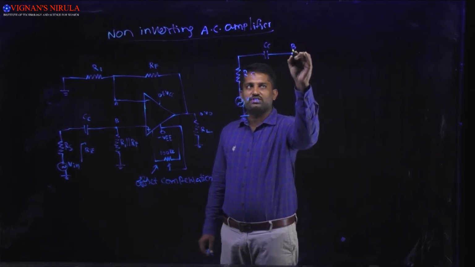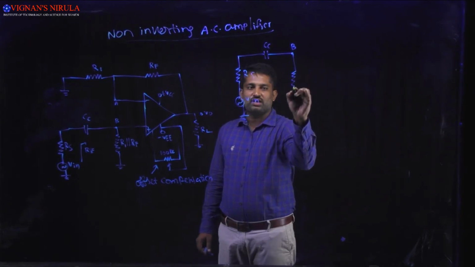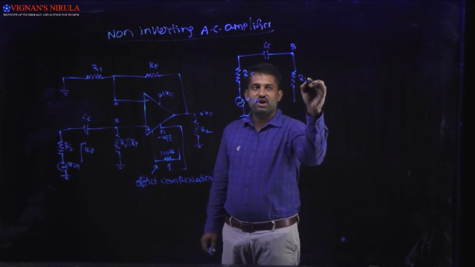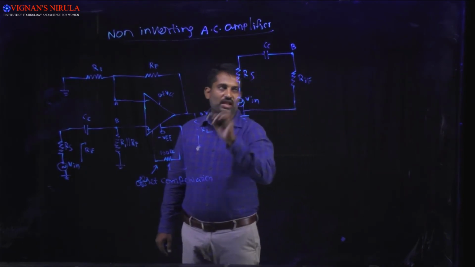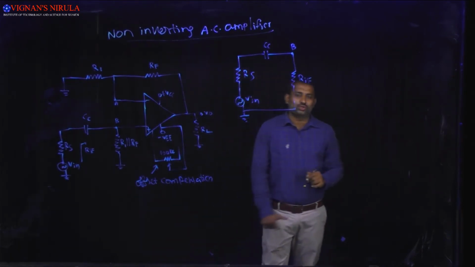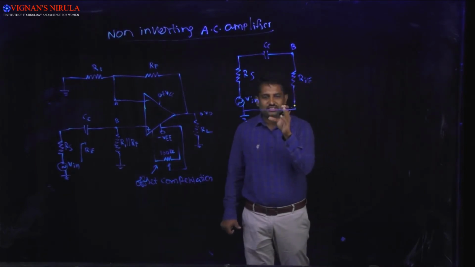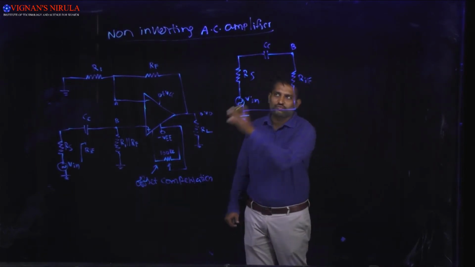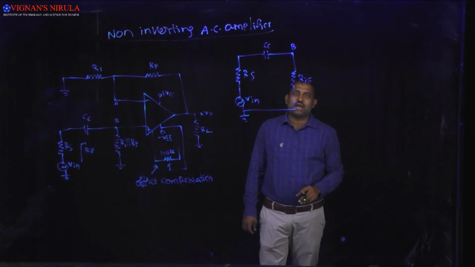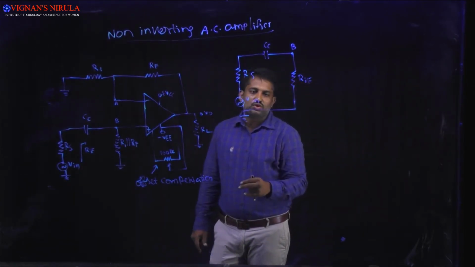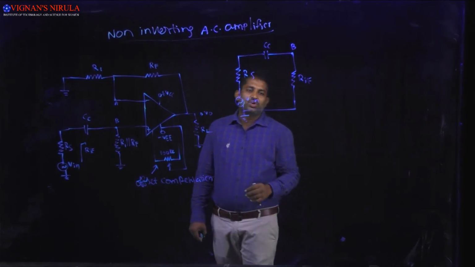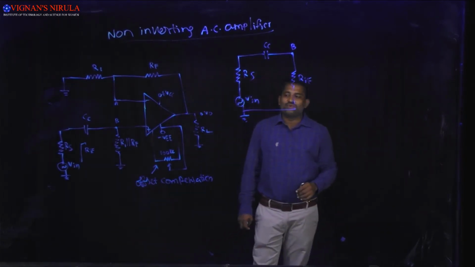Here it is B, and here we connect RIF, and directly it is connected to ground. If you observe this circuit, it is the same as what we used for the inverting AC amplifier. From there we calculated the VA value. Similarly, in this case we are going to calculate the VB value.